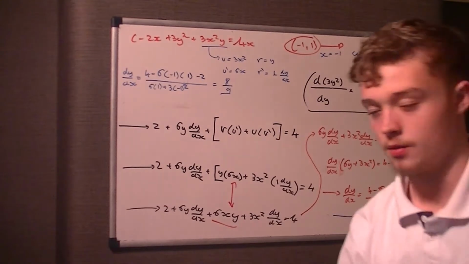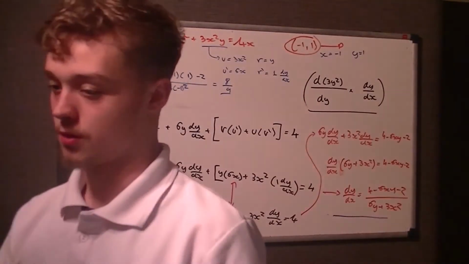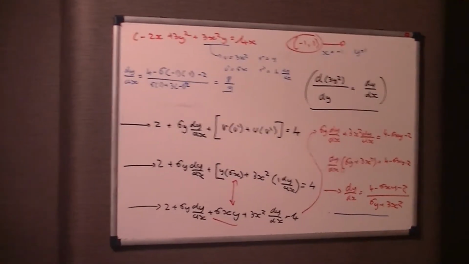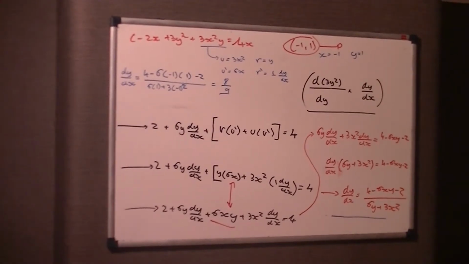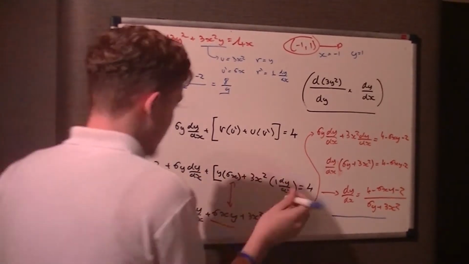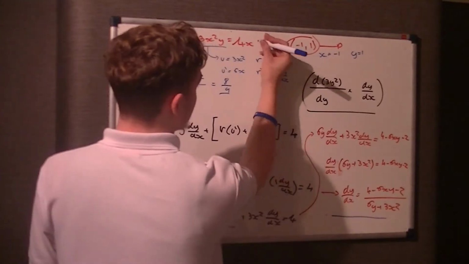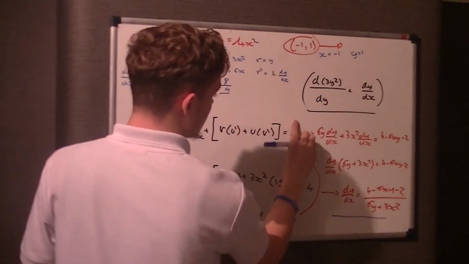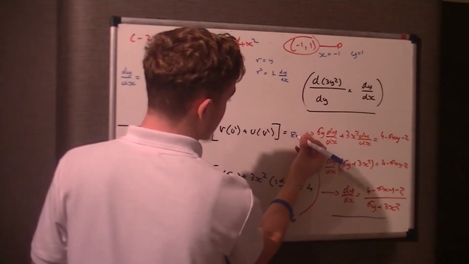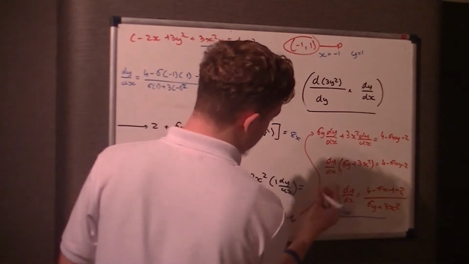So one sec, I'll just get rid of that a second. Sorry about that, guys. If you copied that down, it's a little bit wrong. This 4 up here is not 4x, it was 4x squared, which makes this all 8x. So wherever you saw 4, replace that with 8x.